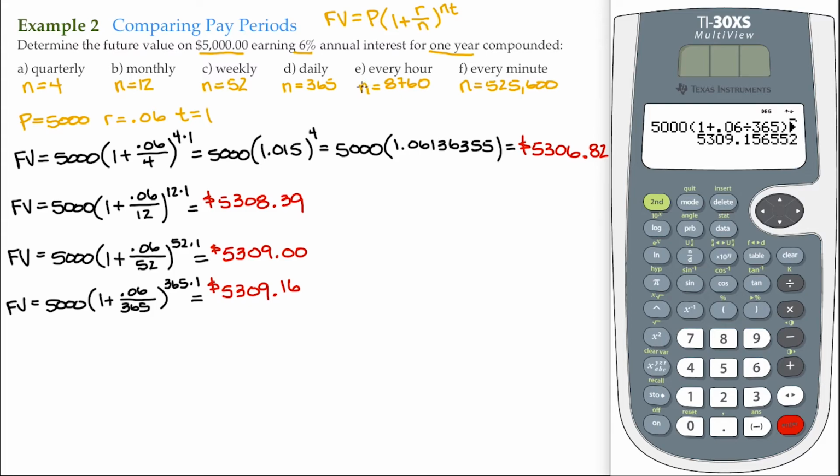Let's keep going. Let's try every hour. So it's going to be 1 plus 0.06, but we're going to divide that by 8,760 pay periods. Raise that to the 8,760 power times the length of the loan.